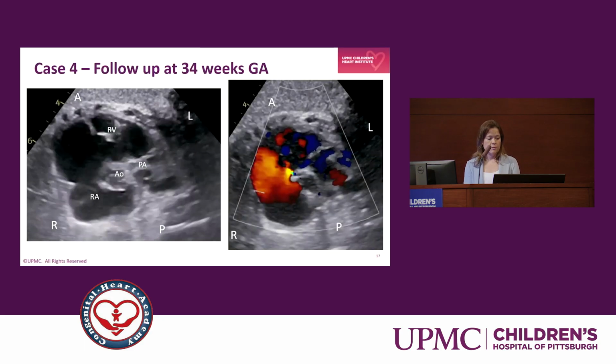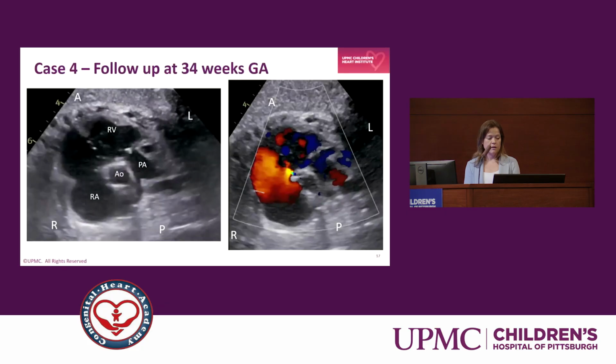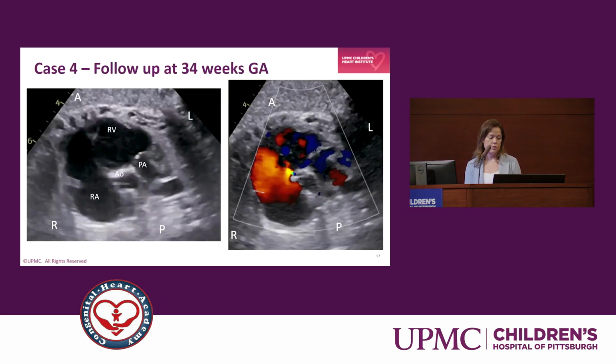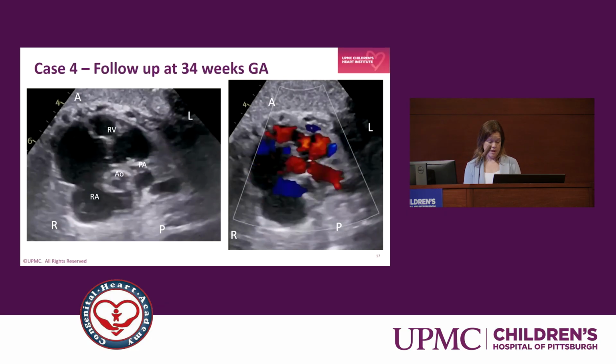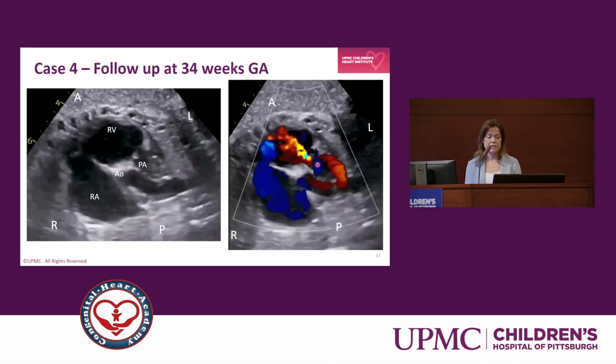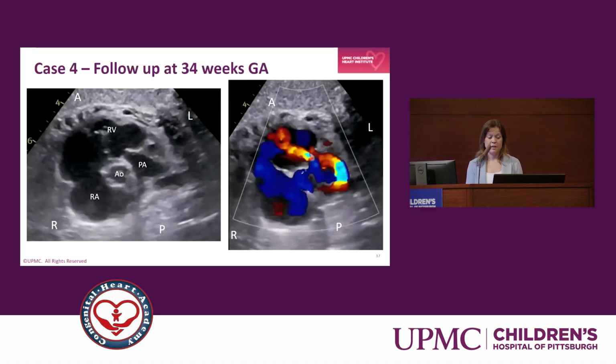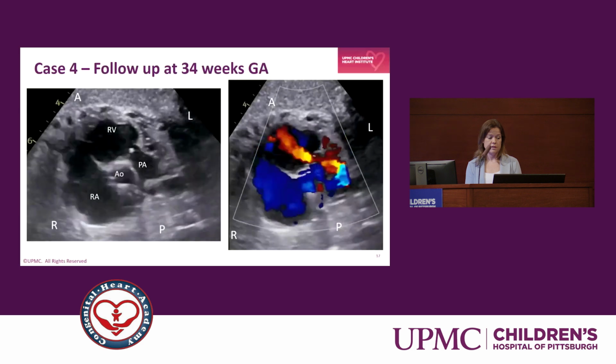The pulmonary valve was felt to be functional pulmonary atresia, as there was no obvious antegrade flow able to be seen, but with a continuous significant jet of pulmonary insufficiency seen there.